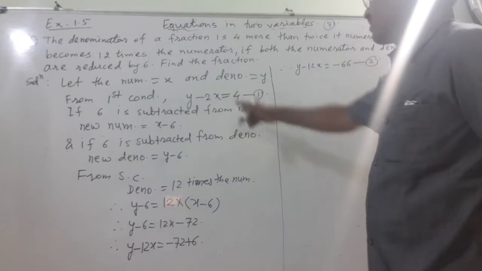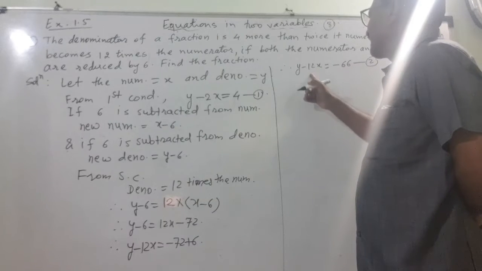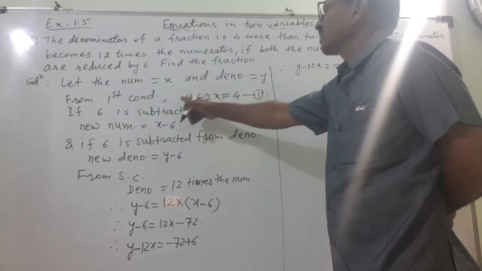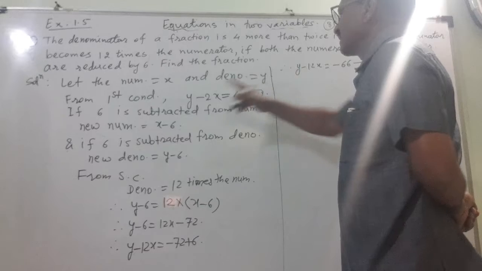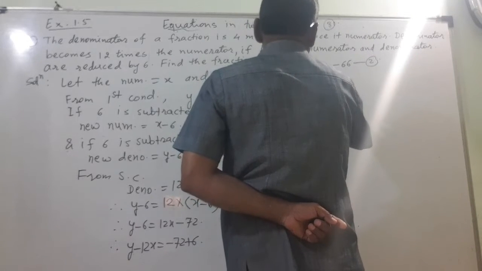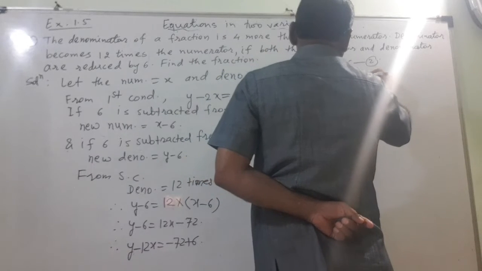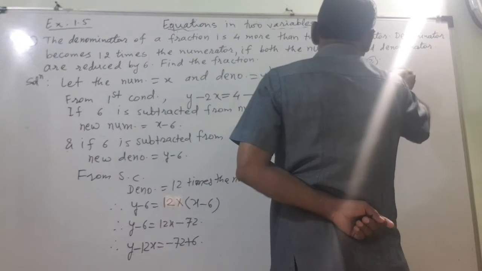Now observe equation 1 and equation 2. If I subtract, y will get cancelled. This y is plus, this y is plus. So subtract equation 2 from equation 1.